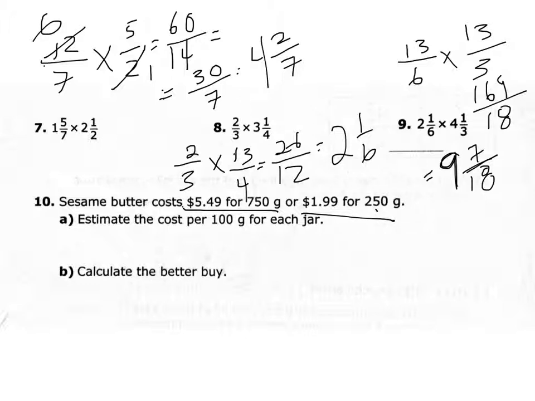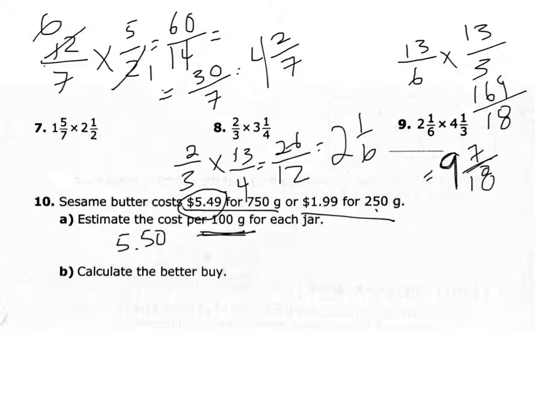So it's asking you for 100. If I'm going to estimate, I got to use numbers that make more sense to estimate for. And so in this case, looking at this 5.5 or 550 for 3/4, it's like, okay, how much would it cost if I just have 100 of those grams?